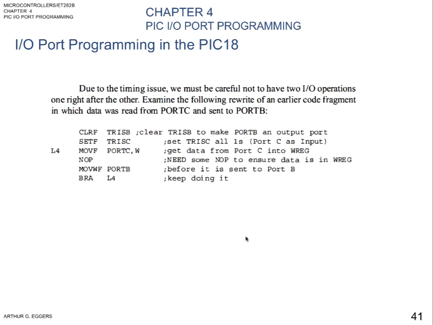Again, clear the tri-state buffer, make port B an output port, set the tri-state C, all ones to port C as an input, and then move to a specific file, port C, in a working register. So we get the data from port C and move it to the working register.